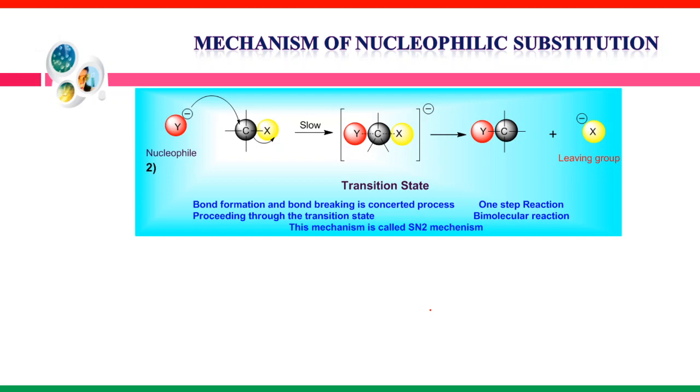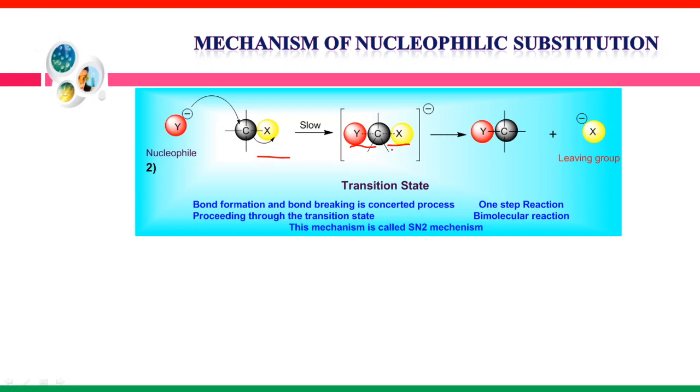Consider the second type of mechanism. In this mechanism, the nucleophilic attack on the carbon atom occurs from the backside of the carbon-leaving group bond. The bond formation between carbon and nucleophile and the bond breaking between carbon and leaving group occur simultaneously.